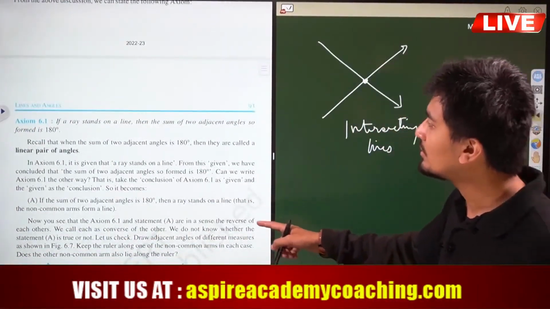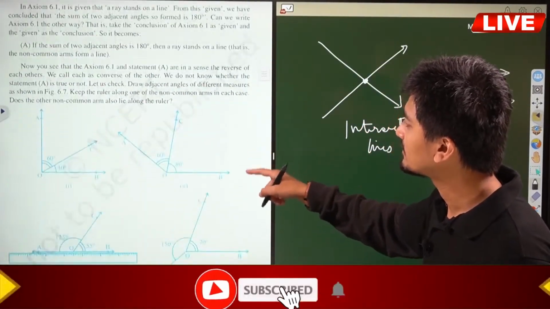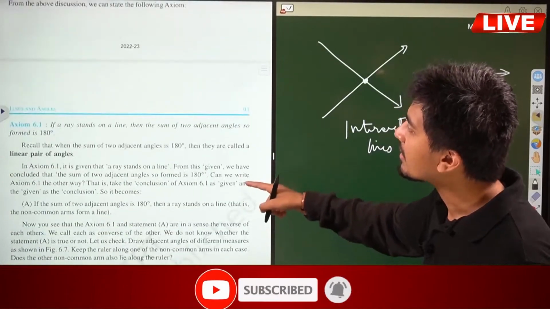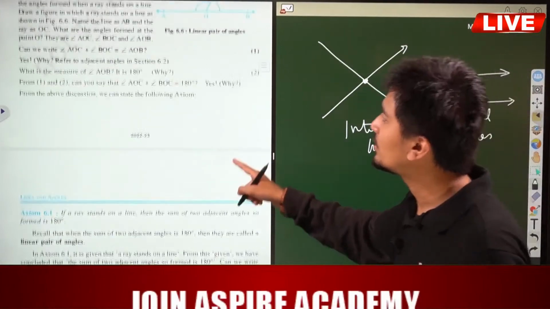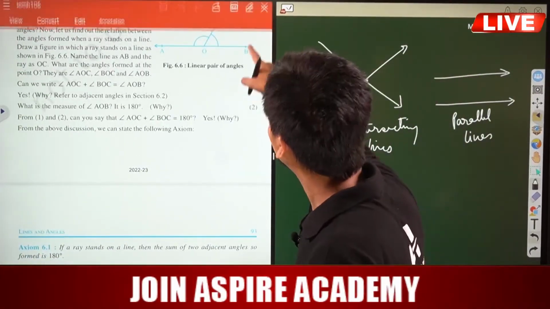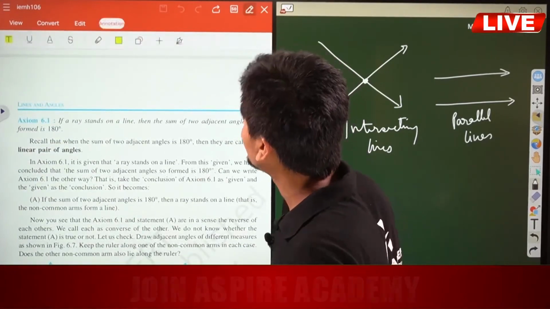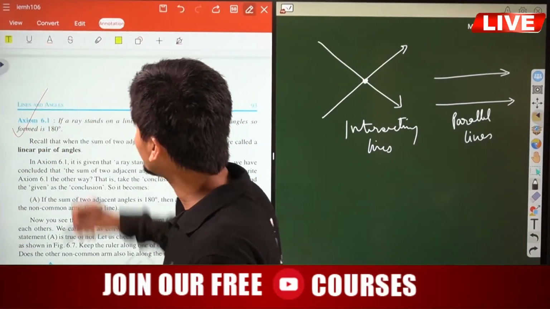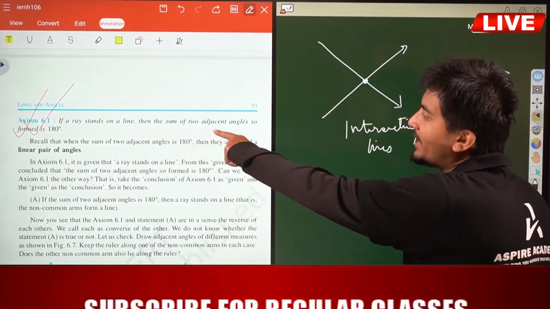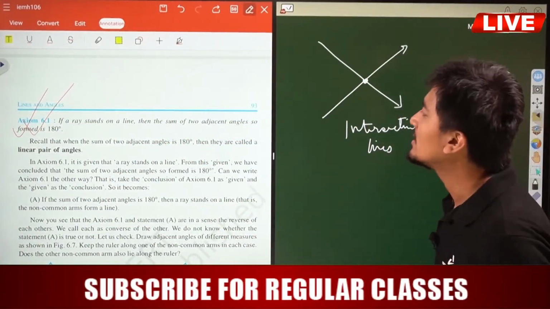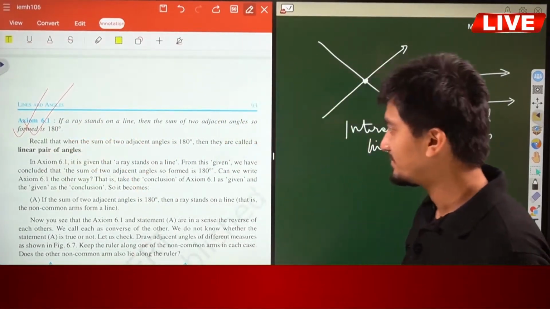Next, you need to know the pair of angles. First of all, you just need to know this axiom 6.1. See, this is very important. If a ray stands on a line, then the sum of two adjacent angles so formed is 180 degrees.